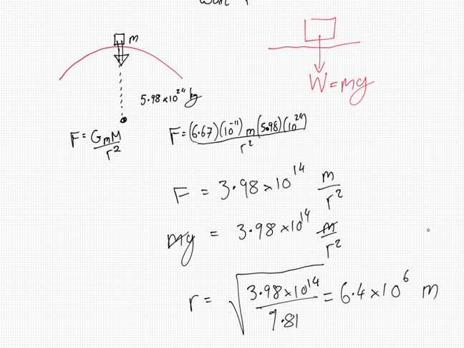Now please be very careful. That formula, weight equals mg, you can only use when you are on the surface of the Earth. No other situation. That's why I was allowed to use it. But Newton's formula, F equals G M m over r squared, you can always use.